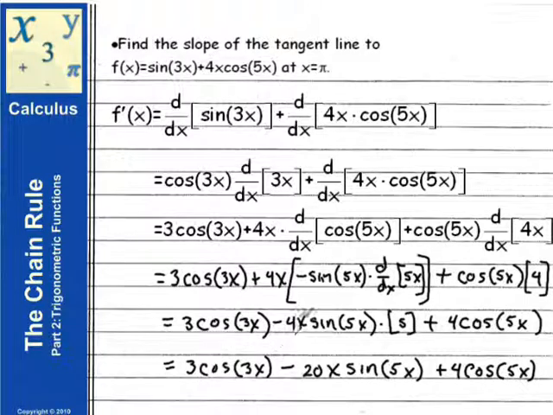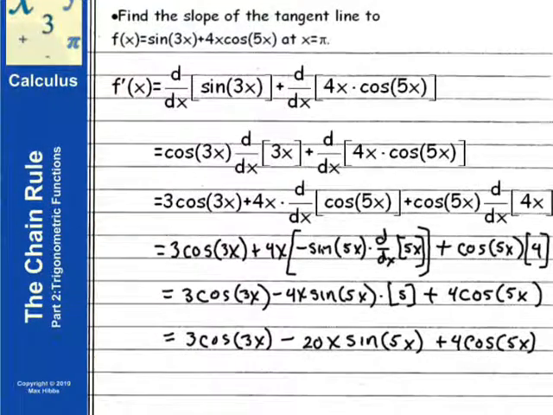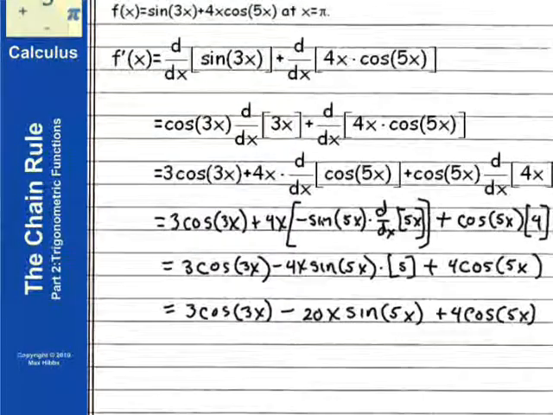Now, this has been so long, we've kind of maybe lost track of what we're trying to do. We're actually trying to find the slope of the tangent line at x equals pi. So to find that slope, we'll evaluate this derivative at pi.